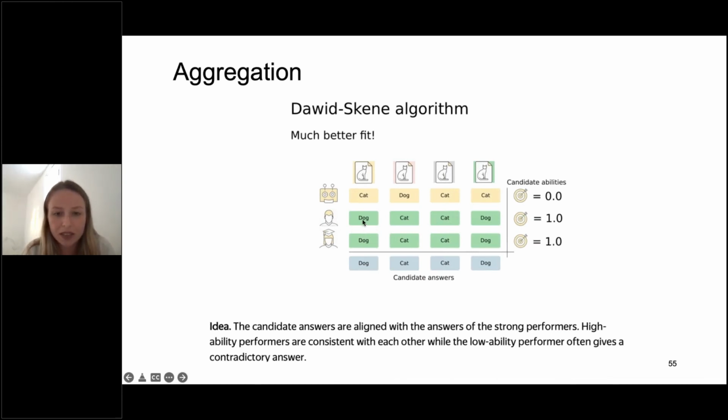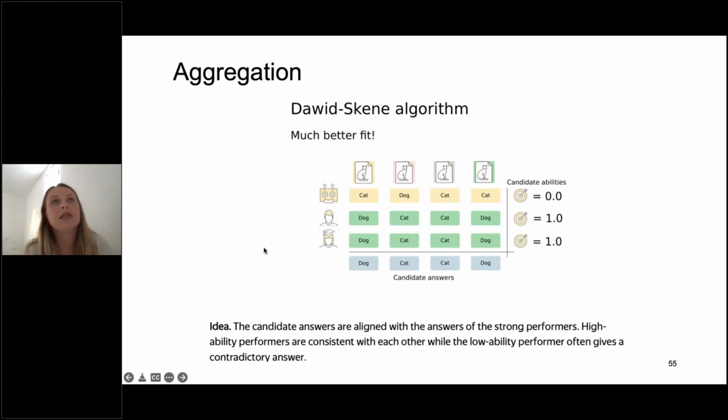In this case, you can see that the second and the third person had the same answers. So we know that the likelihood that those answers are correct is higher than the first performer, who gave answers that are very different from those two.